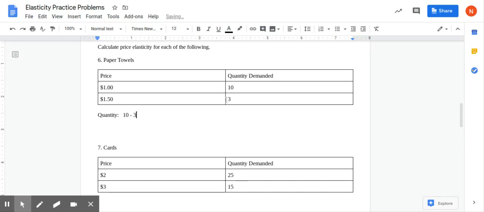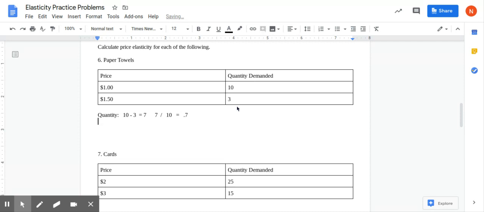Everybody sees that, from 10 to 3. So the change is going to be 7. To get our percentage, we're taking our change and dividing it by our first number. So 7 divided by 10 is equal to 0.7. Easy enough, right?